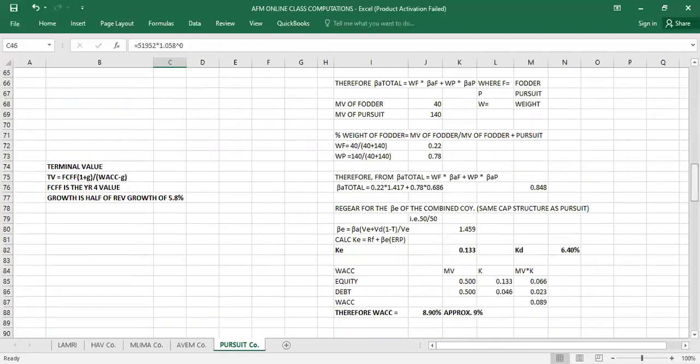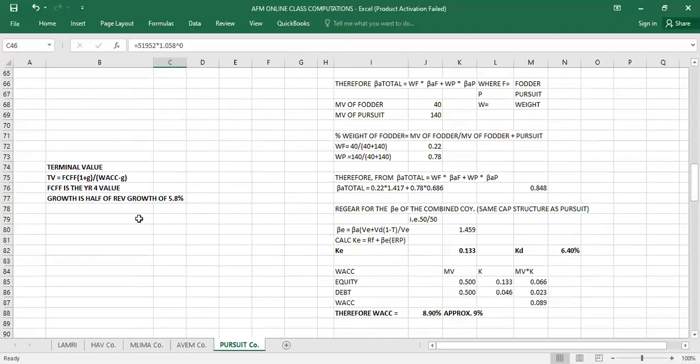All right. So our terminal value now: growth is half of revenue of terminal. So that's equal to 5.8 divided by 2, so 2.9. Okay, so what else do we have? We have the free cash flow now.